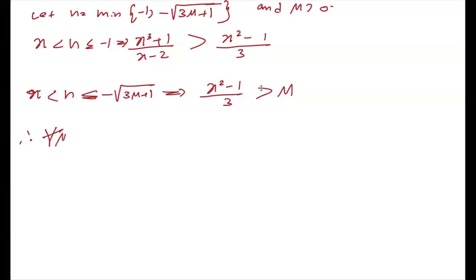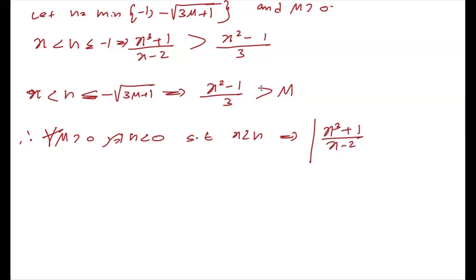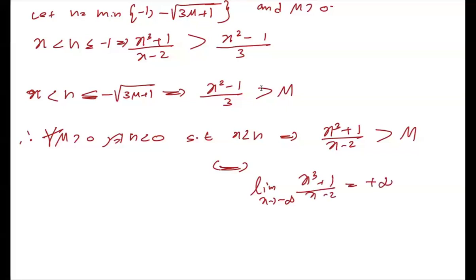Therefore, for all m greater than 0, there exists n less than 0 such that x less than n implies x cubed plus 1 divided by x minus 2 is greater than m. Therefore, the limit as x goes to minus infinity of x cubed plus 1 divided by x minus 2 goes to positive infinity. Is it clear?